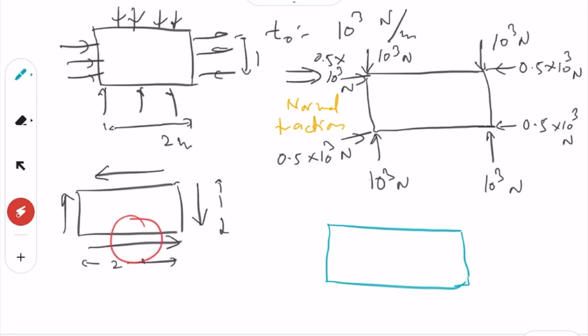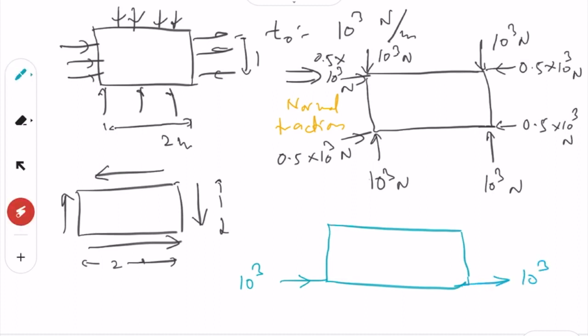Now here, in this direction we have 2 multiplied by 10 to power 3, and half of this will go here, half this. So that means 10 to power 3 will go here in this direction like this. So we have 10 to power 3, and here also we have 10 to power 3.